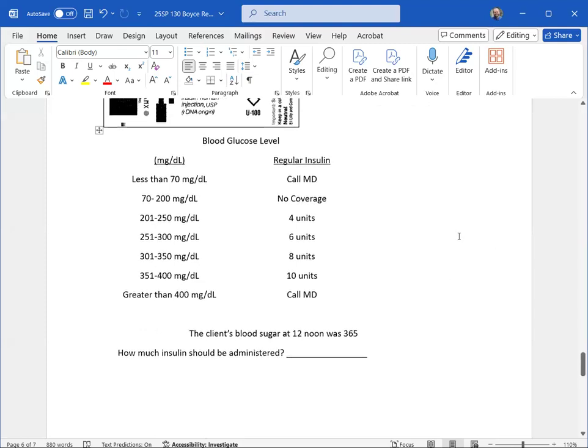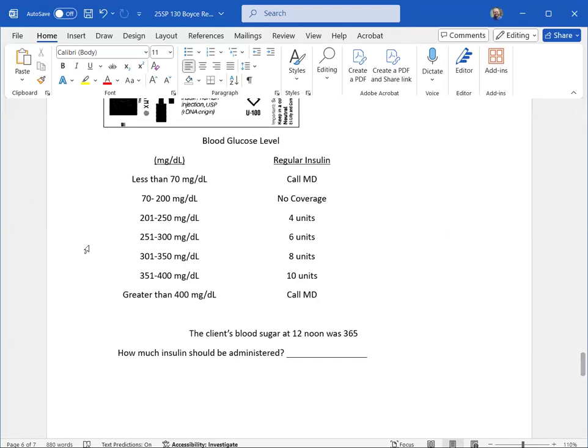So this question says we're looking at a sliding scale. This means this patient's in the hospital. They're evaluating his blood sugar levels, probably on a continuous blood glucose monitor. And we see at noon that it was 365, very high.